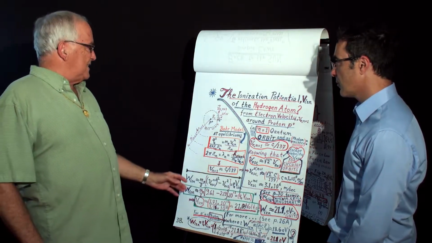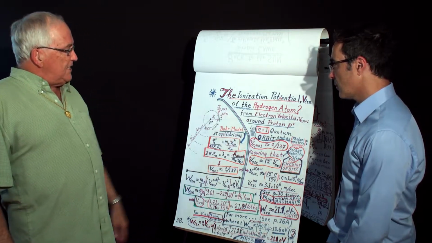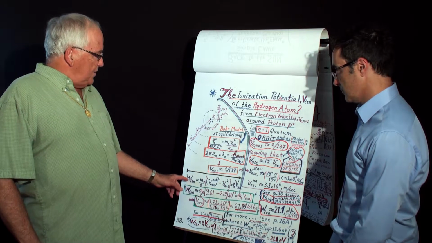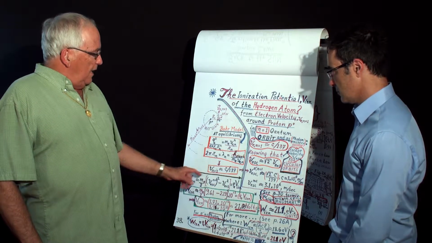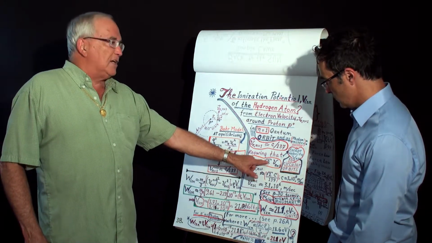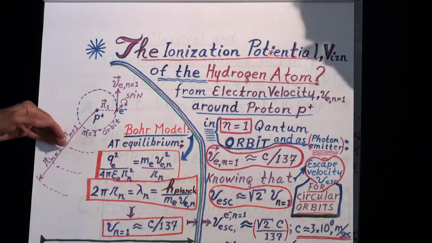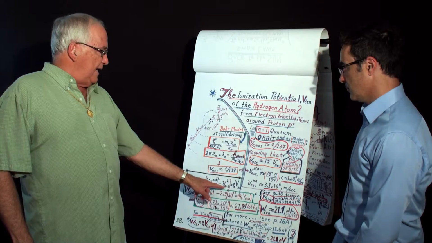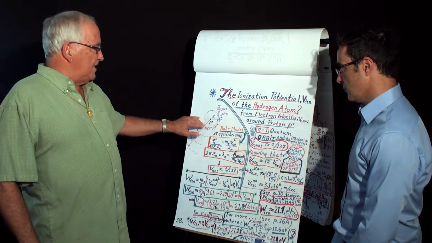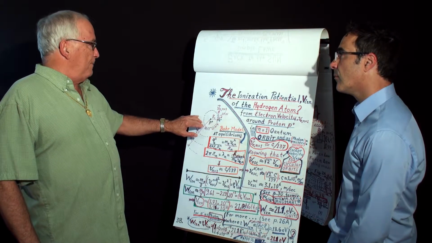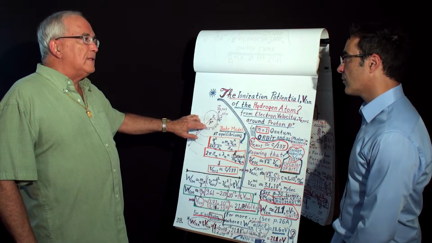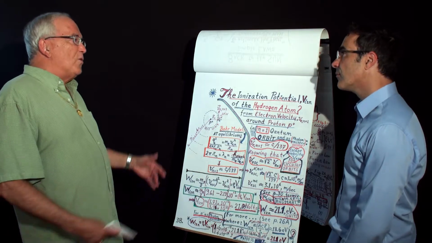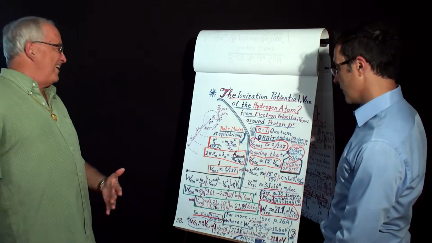Okay. So that's interesting. So now I just calculated the energy with this velocity, where it would get away, minus the kinetic energy when it's on the first orbit, and this is the ionization potential where the electron gets out of that. Okay?